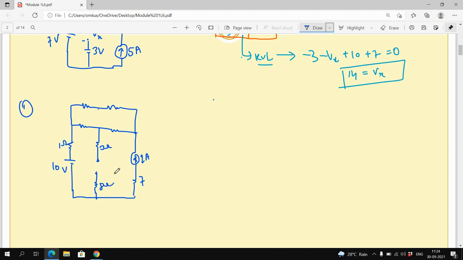Meshes are three. Meshes are not three, you are wrong. Please answer. What is the number of nodes? How many nodes are present? Sorry, sir, two meshes. Yes, there are two meshes. And what is the number of nodes?